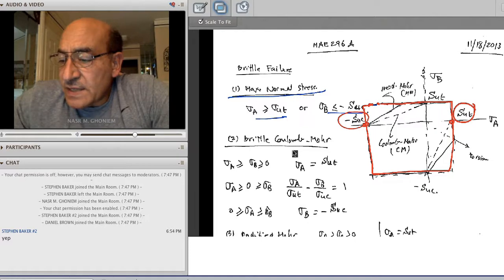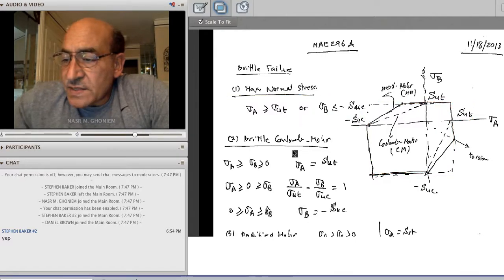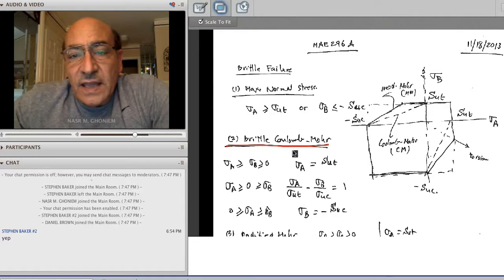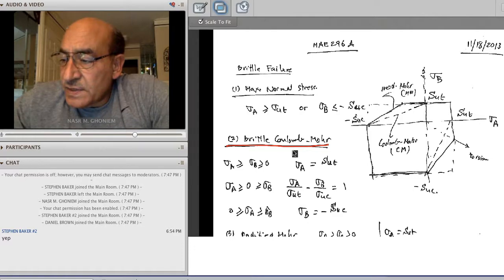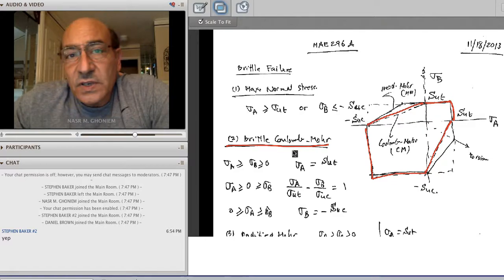Then the second criterion here we call brittle Coulomb-Mohr. In brittle Coulomb-Mohr, we have the same box as we did here, but in quadrant 2 and quadrant 4 we would have straight lines, so it's exactly the same as in ductile.